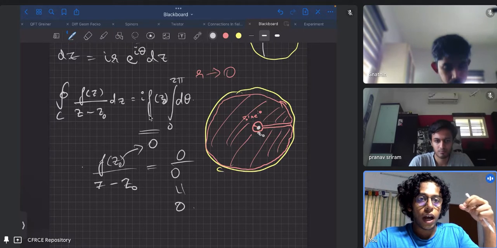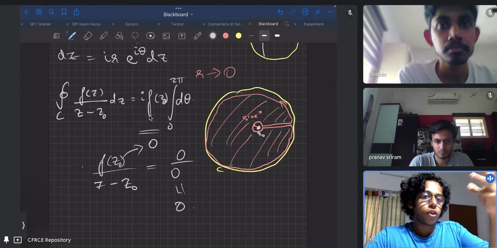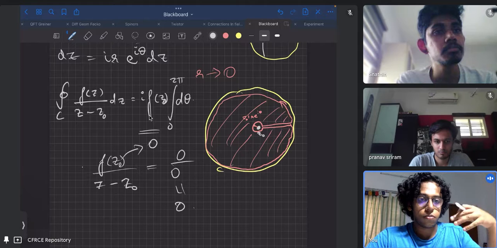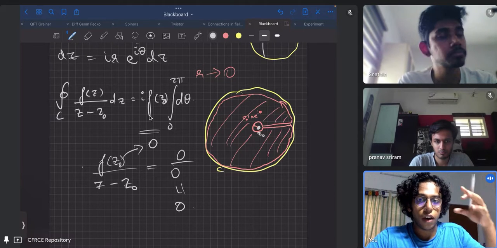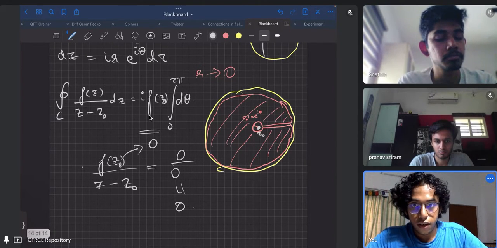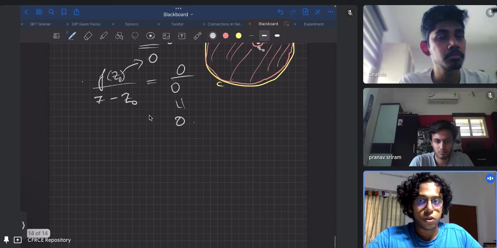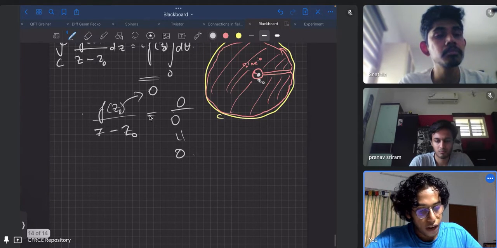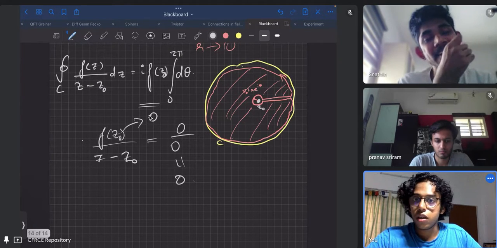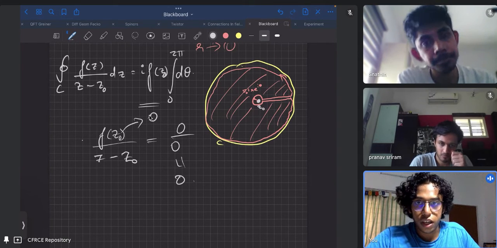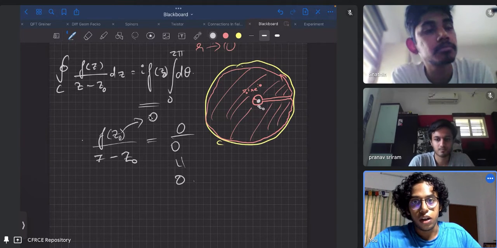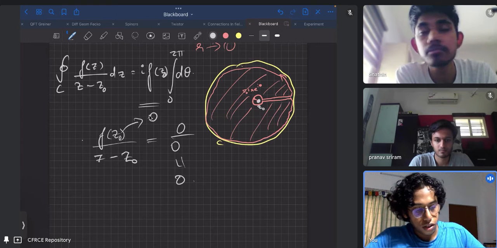Therefore you can cancel out the zeros with respect to each other when you have a 0 by 0 integrand. But the moment you have a singularity, obviously you need to evaluate it, so you just have f of z in the integrand.